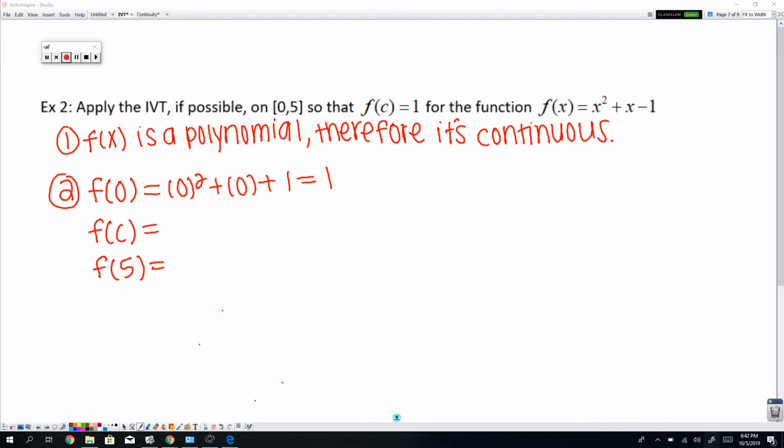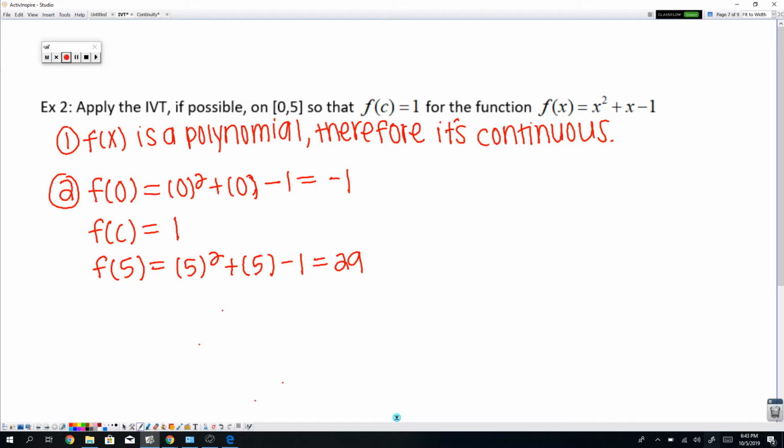Oh, my apologies. I should probably put minus 1 as it states. That way we can get the correct answer. Minus 1, which gets us negative 1. They want us to get 1, and then we need to plug in 5. 5 squared plus 5 minus 1 equals 29. So, the question is, does 1 fit in between negative 1 and 29?